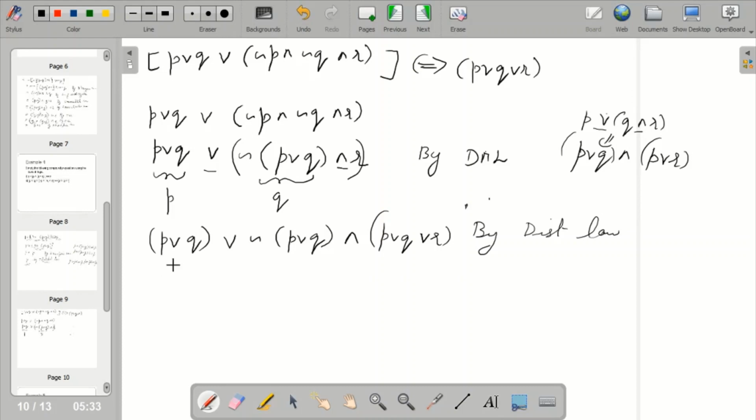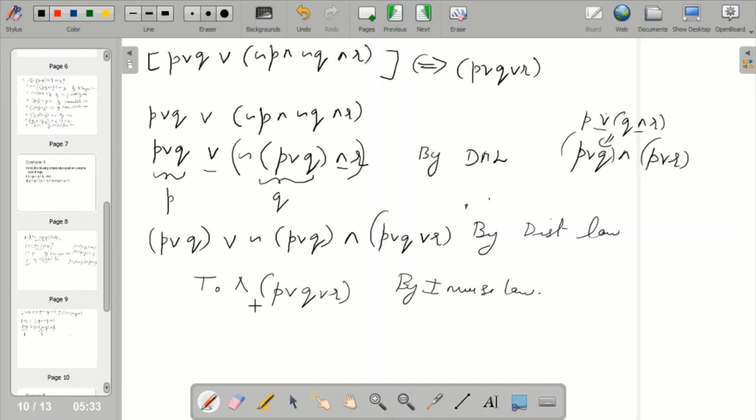After that, P or Q or negation of P or Q, what is this? Inverse. If this is P, the inverse of this with or is always true, not. And P or Q or R, that is by inverse law.